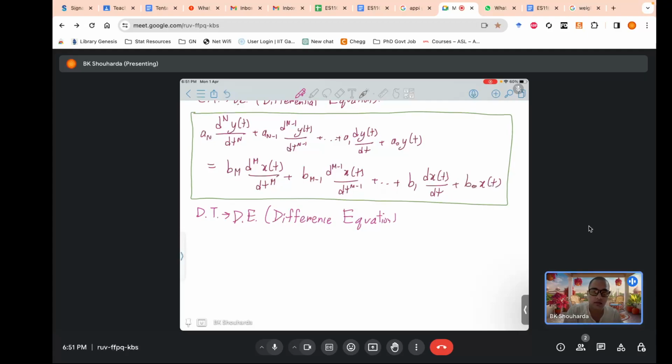Similarly, when we do the Z transform in the last part of our course, only 2 weeks are left, we will get a similar polynomial in terms of the Z variable, which is analogous to the s in continuous time. So this actually looks something like this.